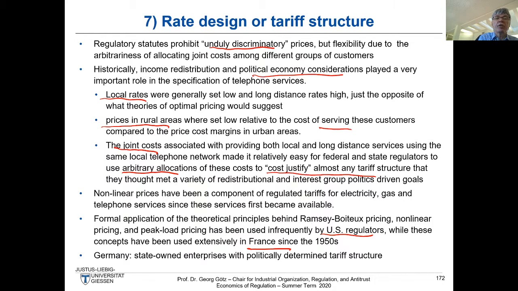However, the interesting thing about these fees is that they cannot discriminate among consumers. Everyone has to pay the same, irrespective of, say, the amount of demand. And here you run into trouble as a municipal water company. If you have a large company buying water from you, you cannot charge them the same kind of price as your residential customers. But anyway, in Germany, you also have typically politically determined tariff structures.